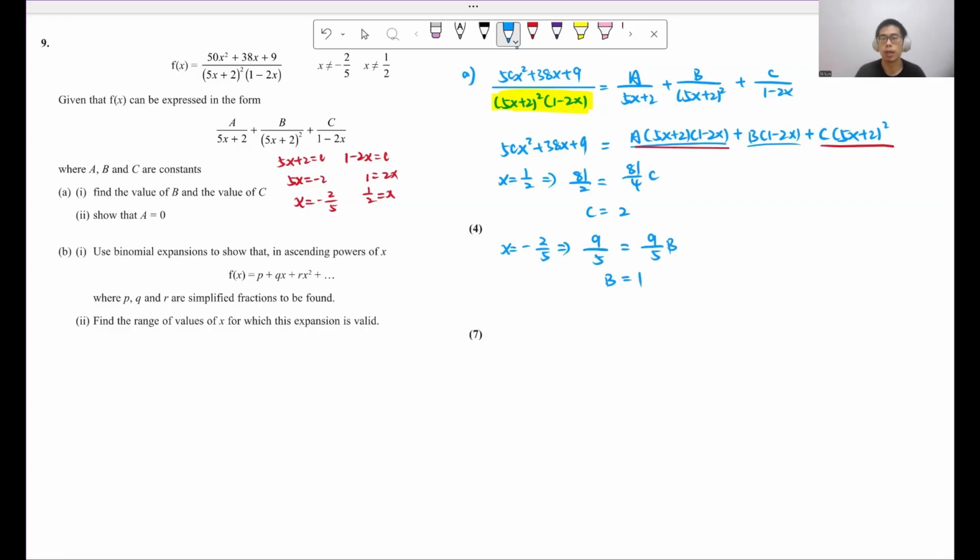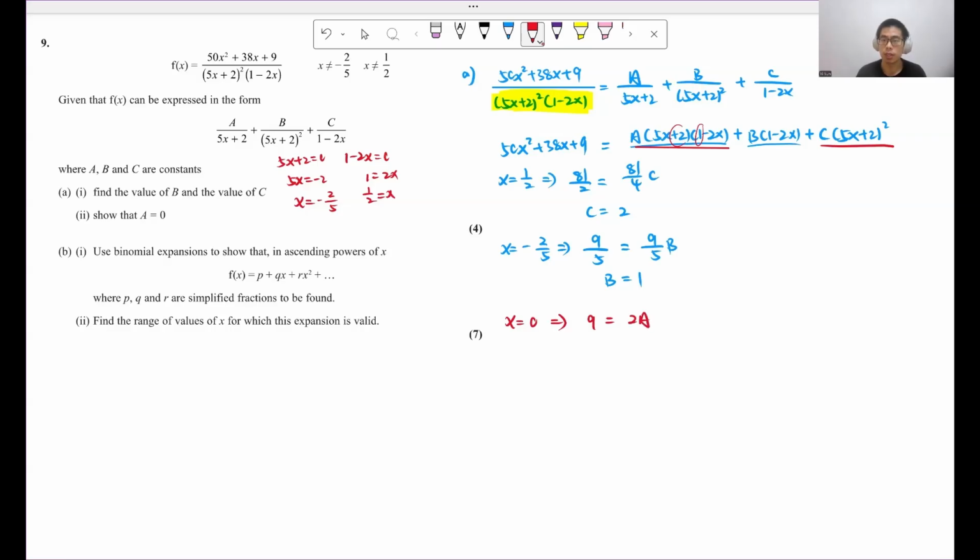To work out a, a is the only value we don't know. To work out a is very simple. You can let x equal any value we want. To make it easier, just let x equal to 0. If x equals 0, we have 9 on the left-hand side. On the right, if x equals 0, just 2 is left in this bracket and 1 in this bracket, so just 2a.